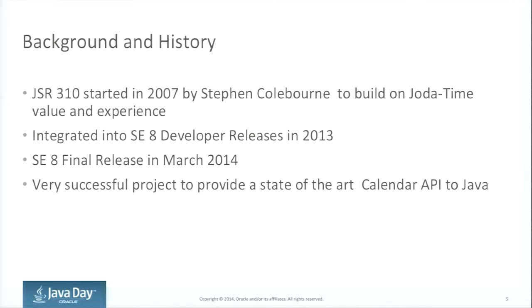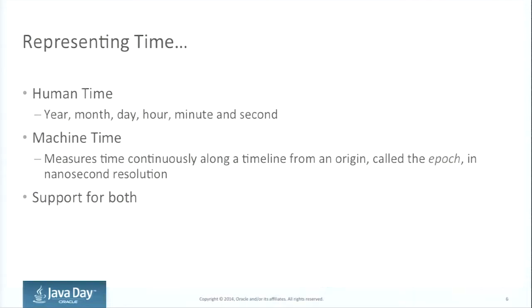Along that side, Stephen Colebourne was starting a new API called the Date Time API, which was JSR 310. Really good, very well adopted by developers. So instead of reinventing the wheel, we just brought that into Java 8. So this API is available from Java 8.